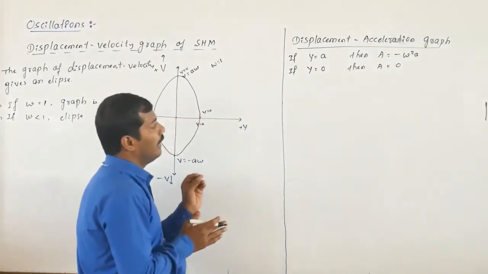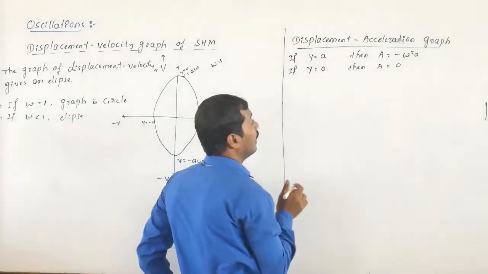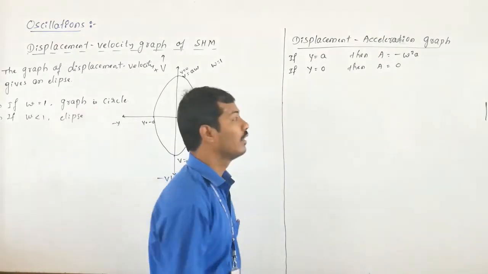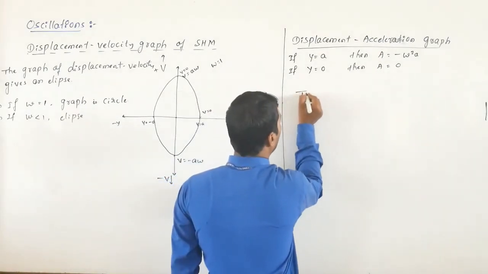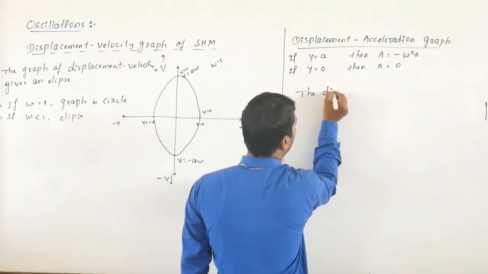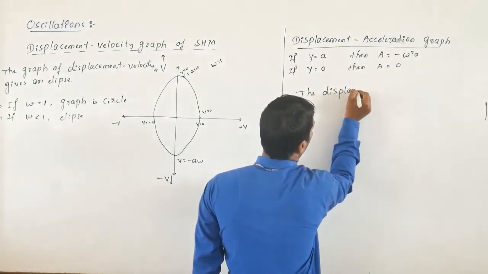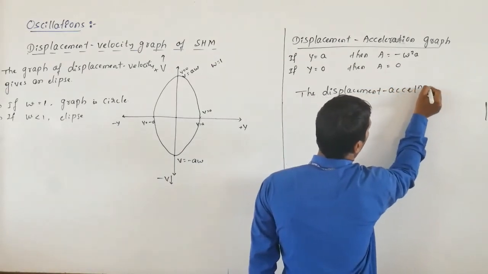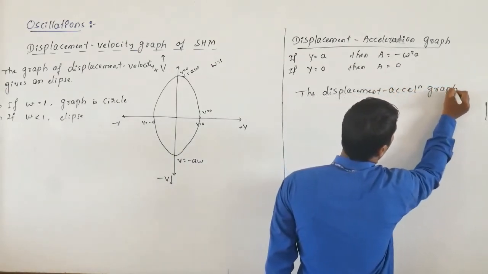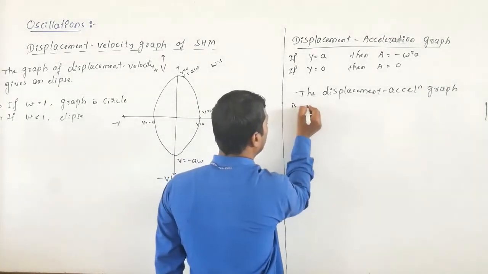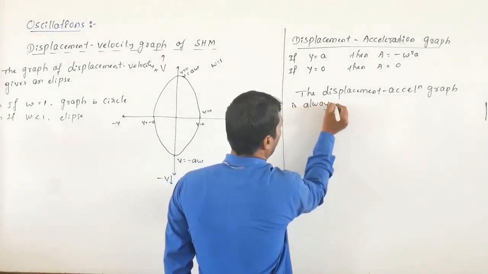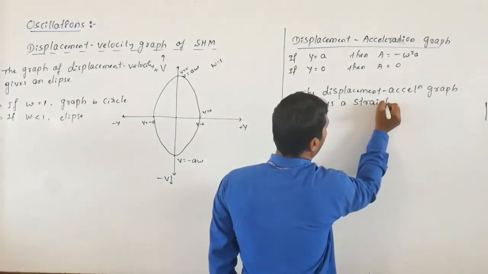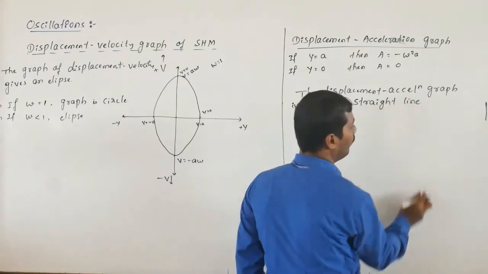Next thing we have to draw. It means the displacement-acceleration graph is always a straight line. How is it?